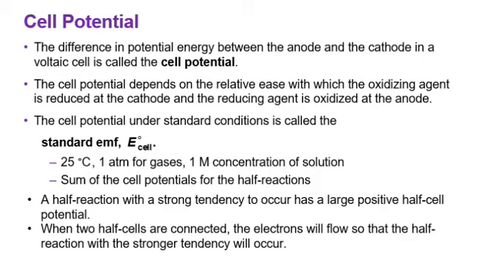A positive cell potential means the redox reaction is spontaneous. That's important. This is what we want in a battery or a voltaic cell. We want it to be spontaneous, so the minute you put it into a device and you turn it on, it provides current. Understand that standard conditions are 25 degrees Celsius, 1 atm for gases, and 1 molar ion concentrations, so that you know.